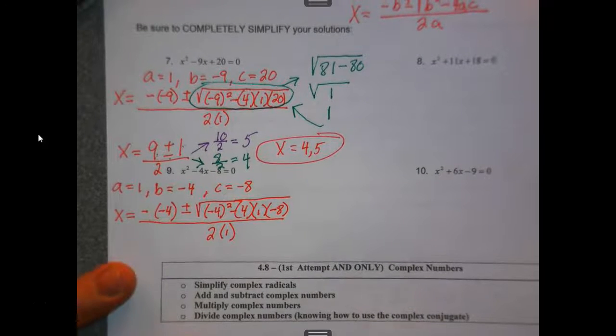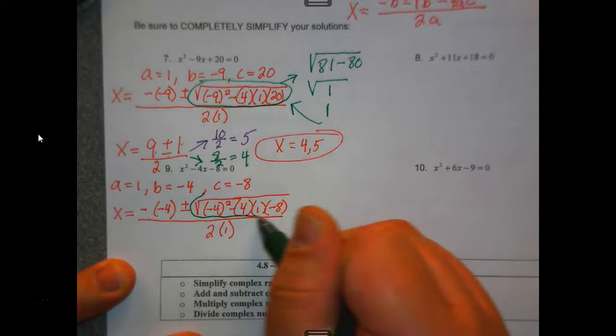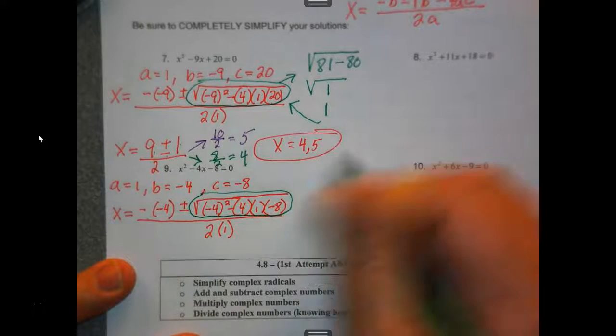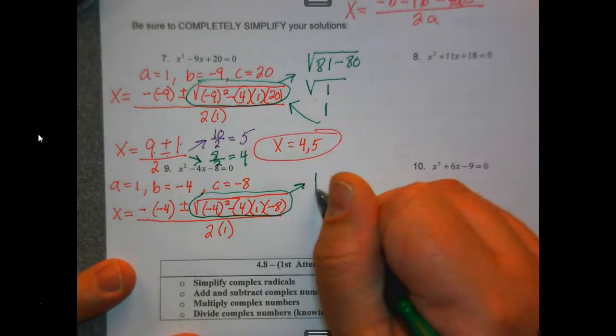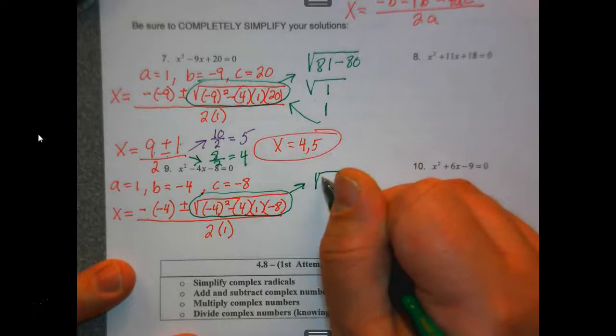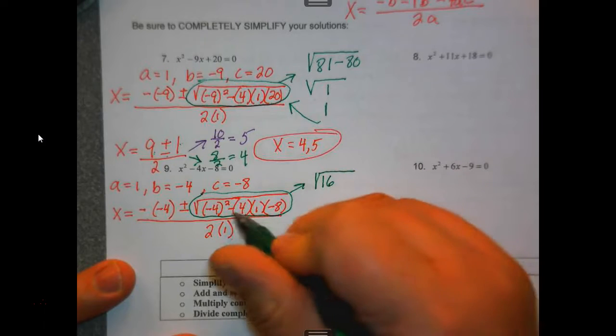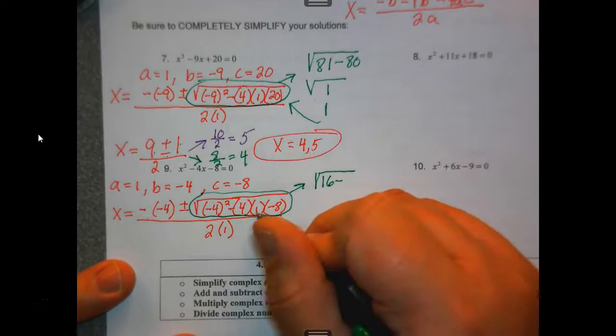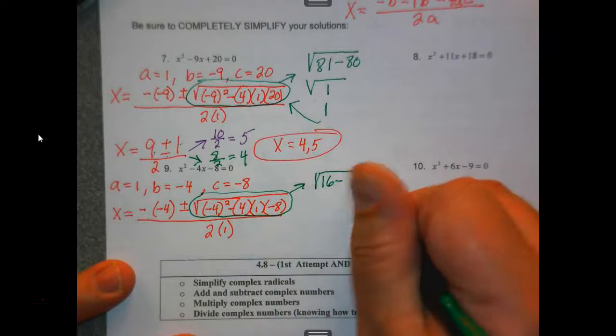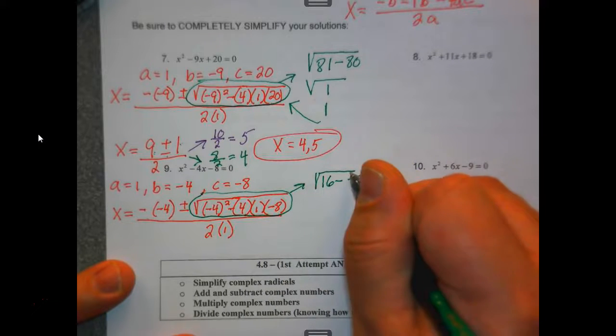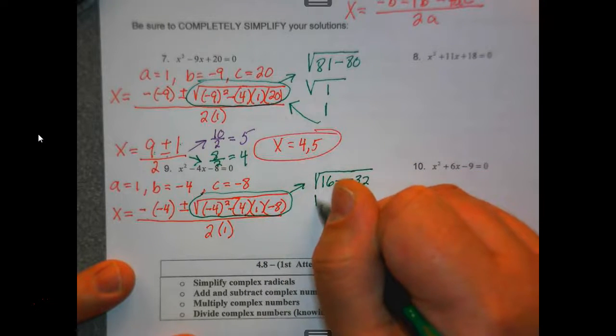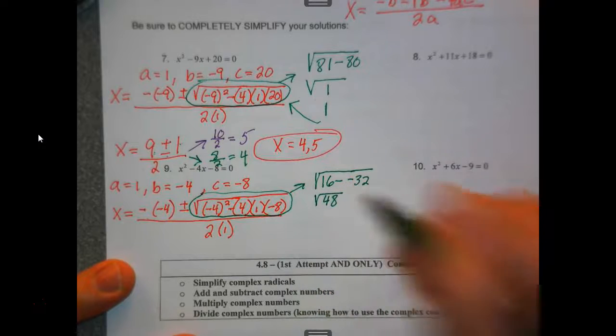All right, do the radical first. So I have the square root of negative 4 squared, which is 16, minus 4 times 1 times negative 8, which is negative 32. So I get the square root of 48.